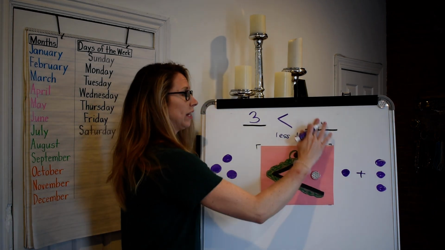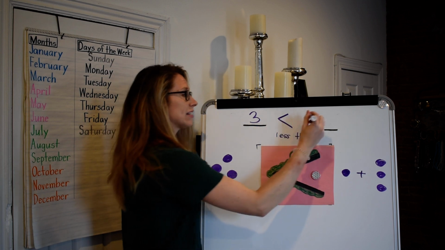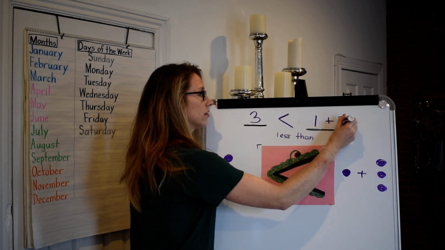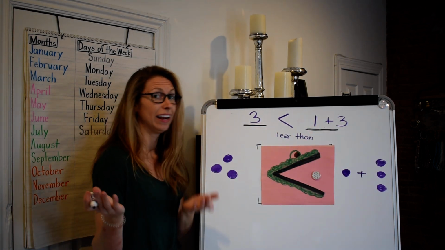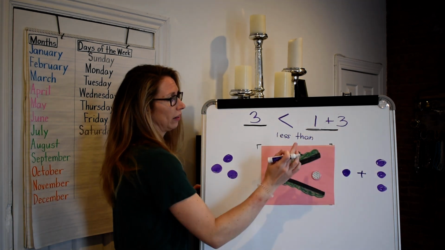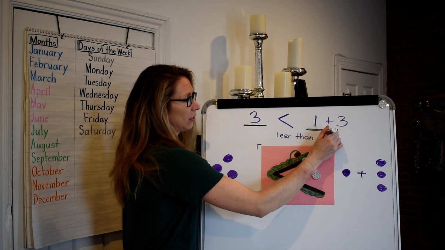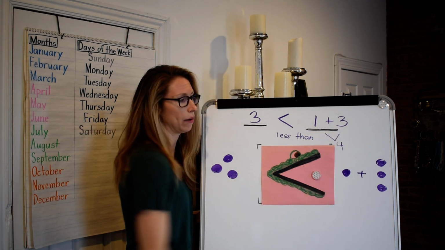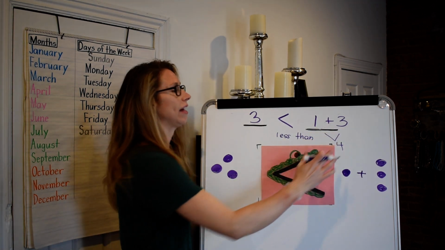Isn't that the same thing? 3 is less than 1 plus 3. It's the same thing because these together equal 4. You kind of think about it as 1 plus 3 equals 4. You know how we do our carrots? It's just like that.